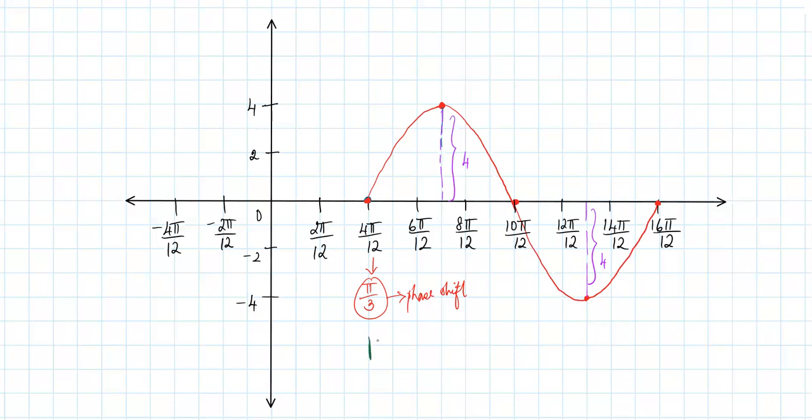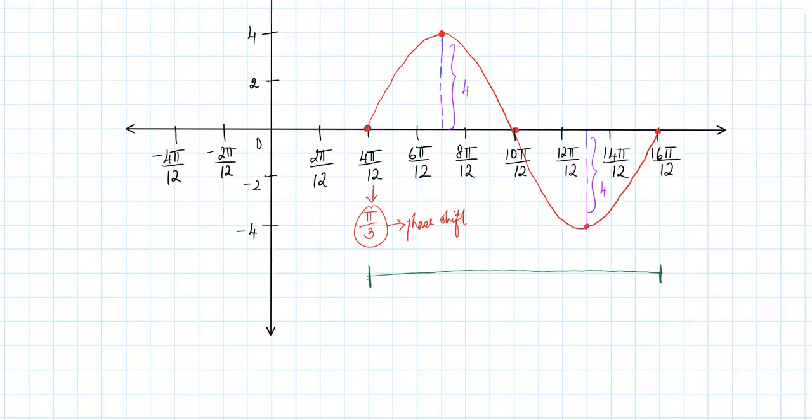I'm starting here. This is the pi over 3 mark. And we went all the way to 16 pi over 12. Okay, 16 pi over 12. And that was the one cycle that we measured.